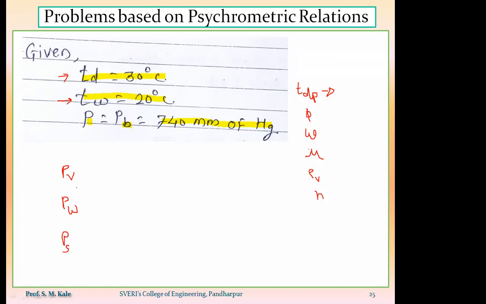PV is nothing but partial pressure of water vapor in the moist air. PS is nothing but partial pressure of water vapor in the saturated air, and PW is nothing but saturation pressure corresponding to wet bulb temperature.